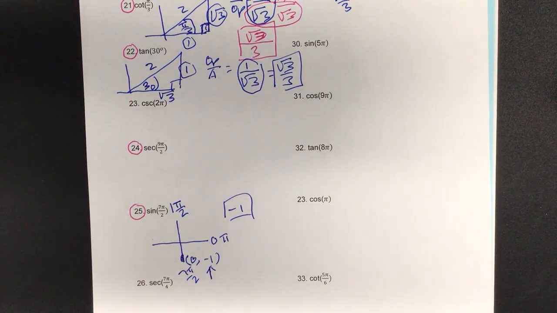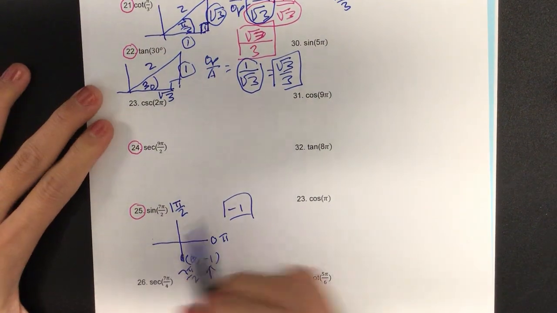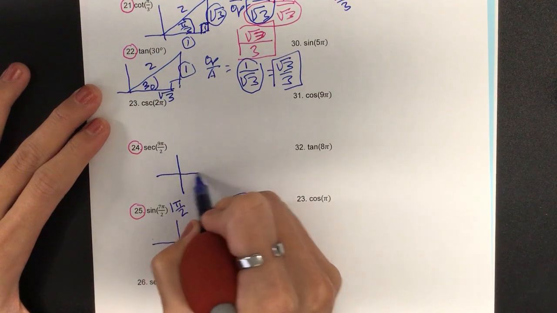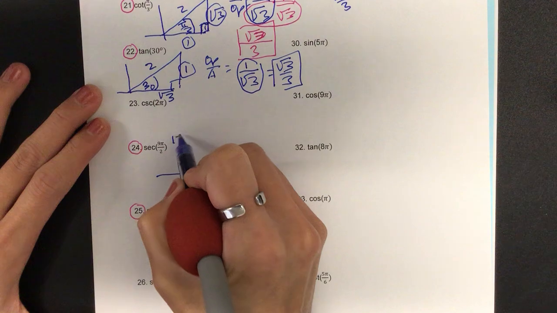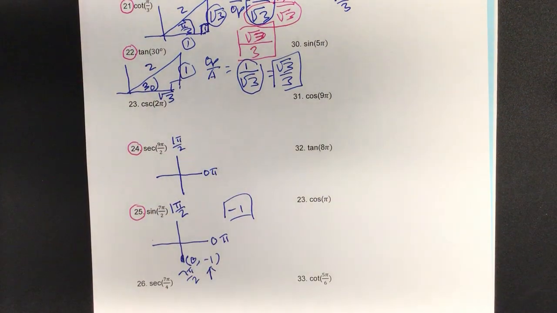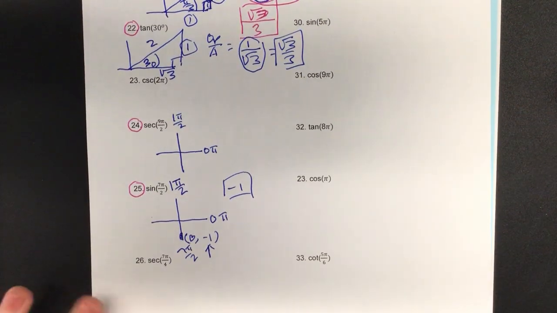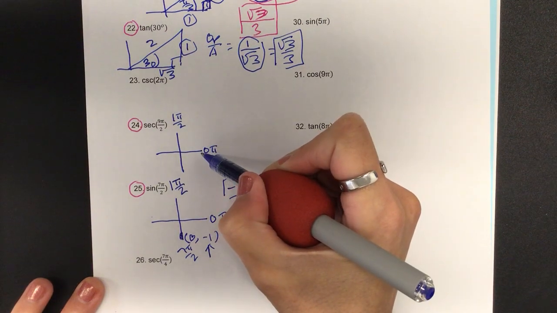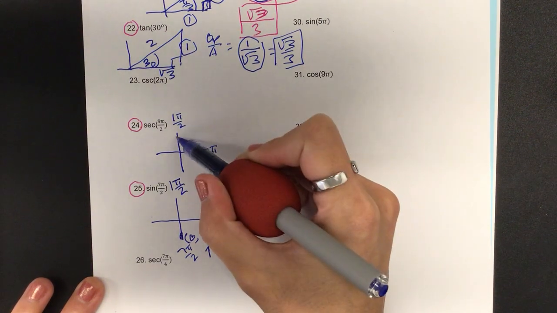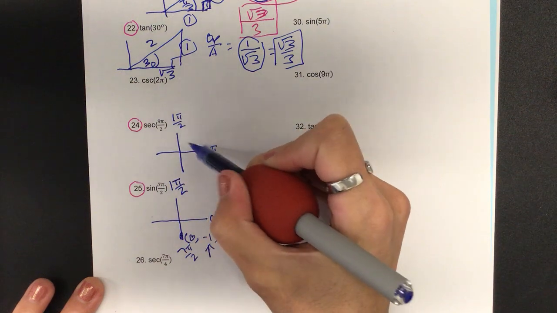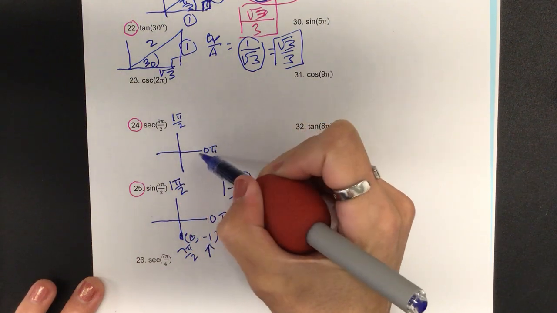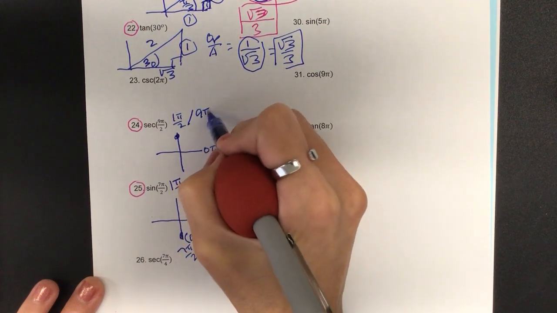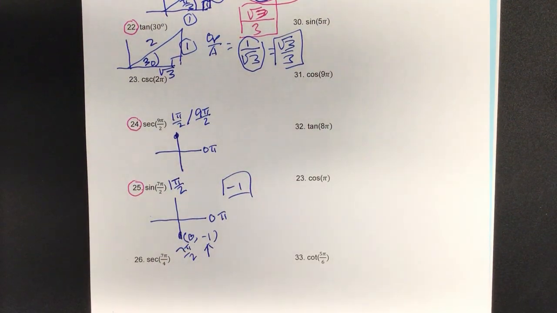Okay, on number 24, we have 9 pi over 2. It's going to be the same thing as 25 or similar. Draw me a quadrant. 0, pi, 1 pi over 2. Okay, let's go in circles. Everyone point at 0. Okay, let's count up to 9 in circle. 1, 2, 3, 4, 5, 6, 7, 8, 9. 9 pi over 2 is going to land exactly in the same position as pi over 2.